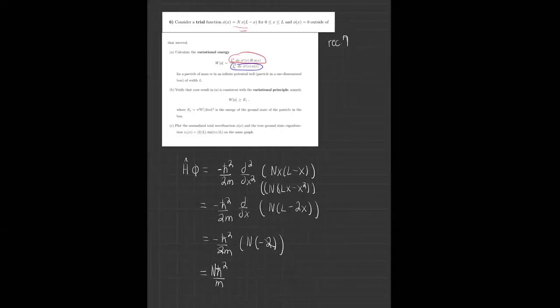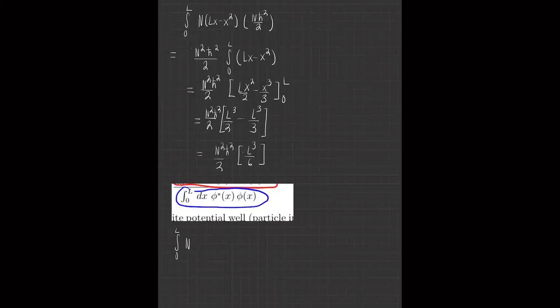And this is just 0 to L, and this is just going to be the wave function squared, which is just nx squared times L minus x squared dx. And we're just going to simplify this, expand it out, and keep the constants out.